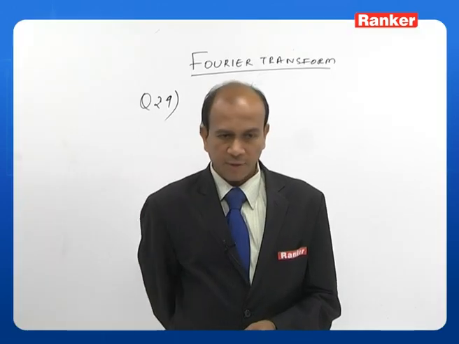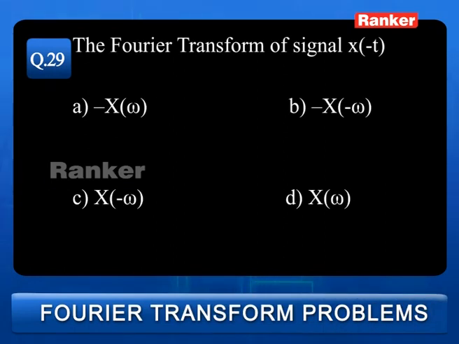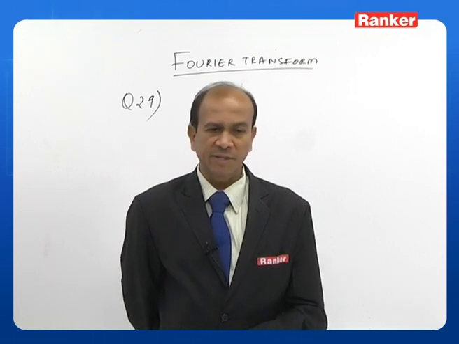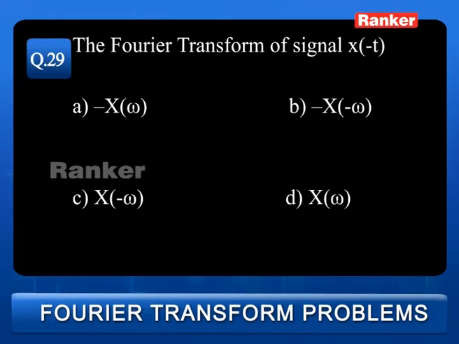The next question, that is 29th question. Fourier transform of a signal x of minus t is A. minus X of omega, B. minus X of minus omega, C. X of minus omega, D. X of omega. The answer is C, that is the Fourier transform of x of minus t in fact will be X of minus omega.